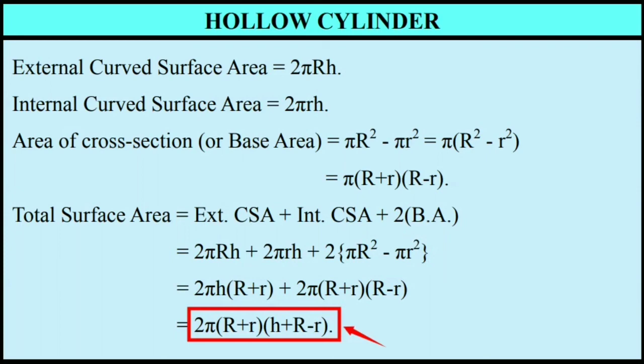And finally, the expression in factorized form for the total surface area is very much useful in calculations, and that is 2 pi multiplied by sum of the radius multiplied by difference of radius added to height of the cylinder.